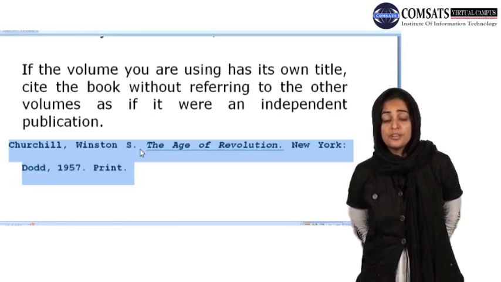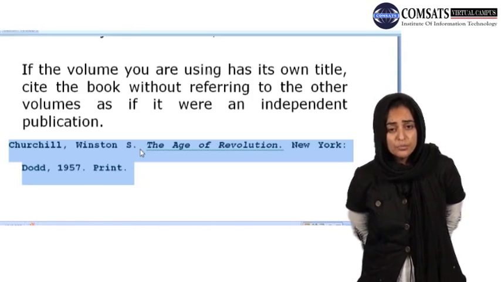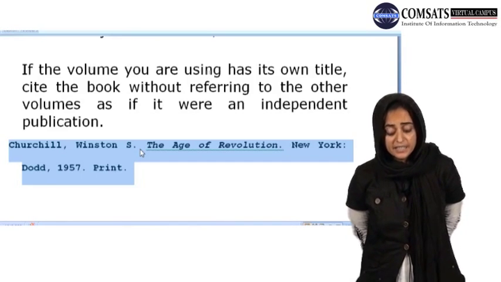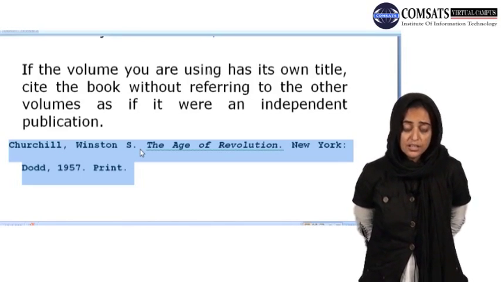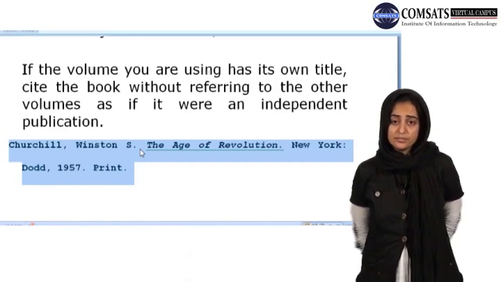You need not refer to other volumes of the same book. When you are picking up the information from a particular volume which has its own individual independent title, you can create the detailed reference in that situation of that particular book as an independent publication.